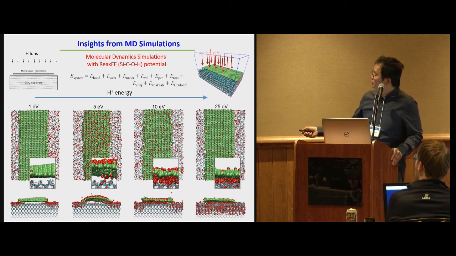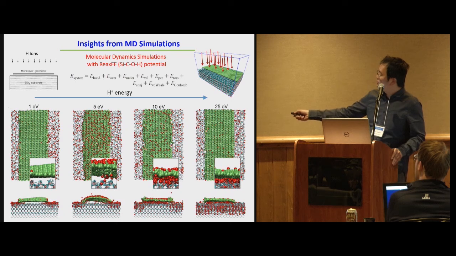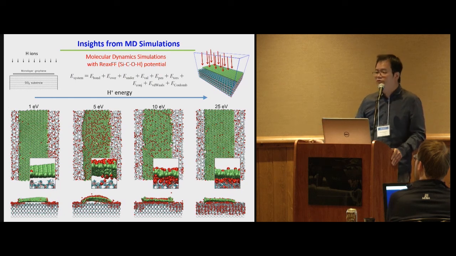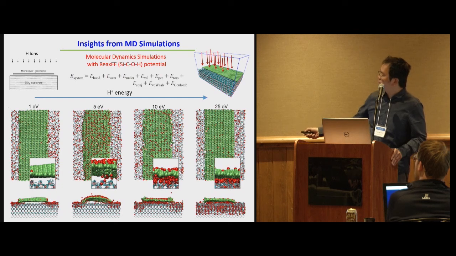Depending on the hydrogen ion energy itself, the interaction mechanisms can be very different. For example, at low hydrogen ion energy, we have very little bonding of hydrogen to the basal plane of graphene. Most of the attachments to graphene occur along the edges.